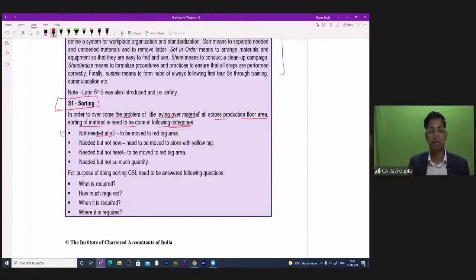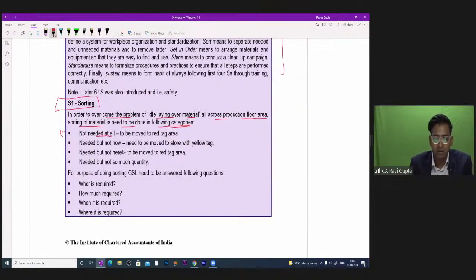Which we need, and that need is very frequent, should be placed there, and all other things should be placed at some other places, so that this area is managed in such a manner that we can easily access whatever we require frequently.